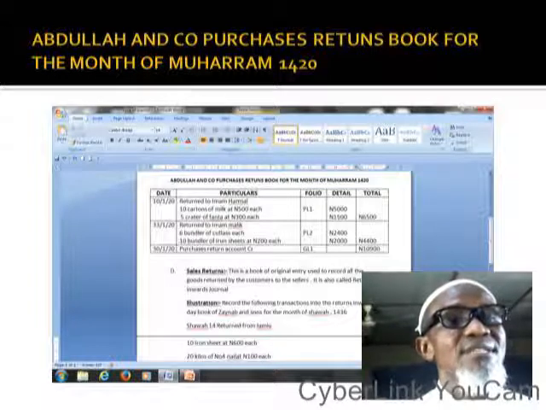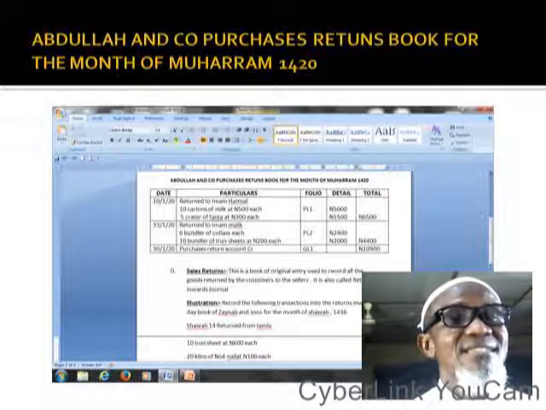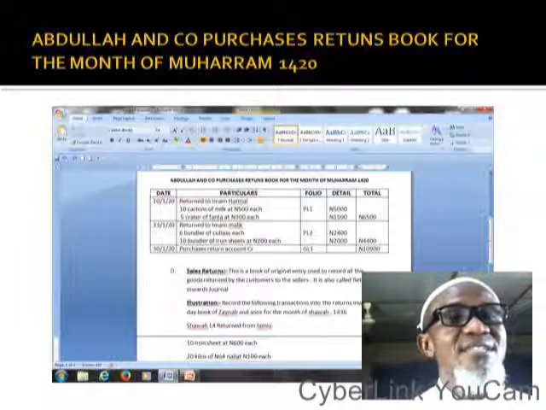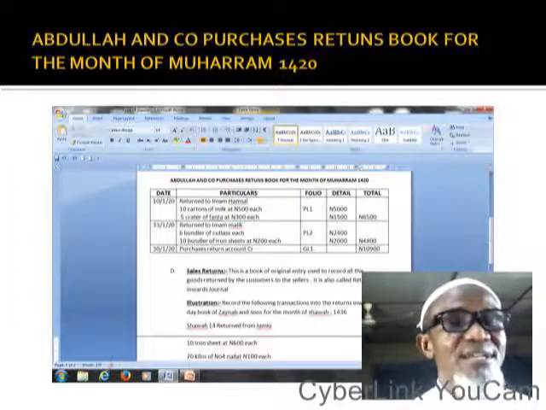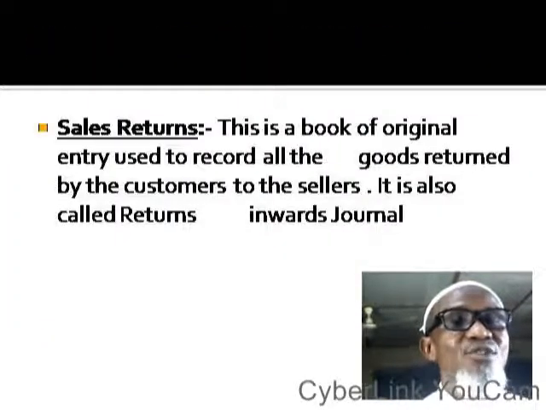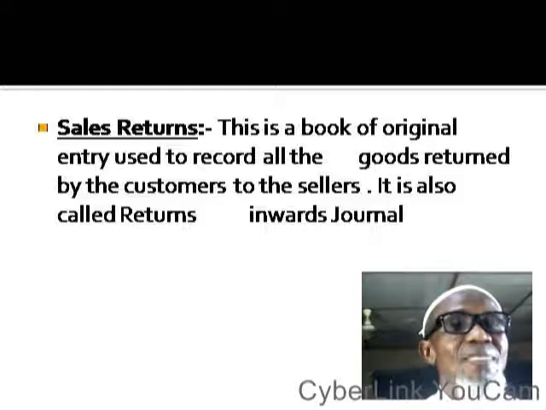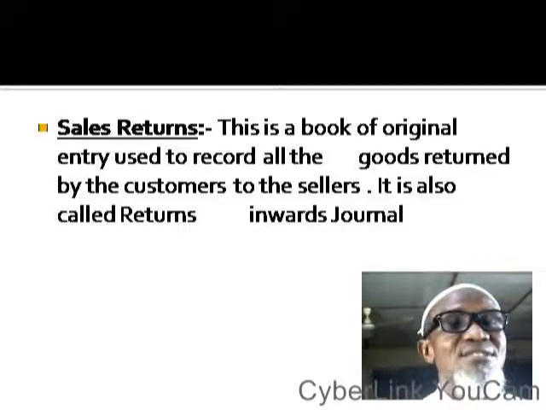So this is the procedure of preparing the purchase return book. The next one, which is the last but not the least, is the sales return book. This sales return is just the opposite of purchases return.